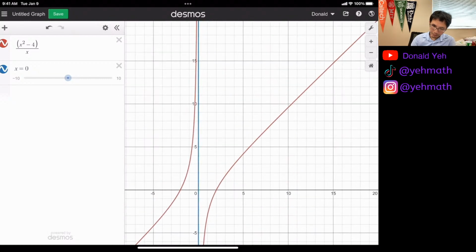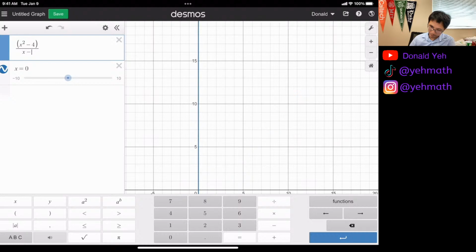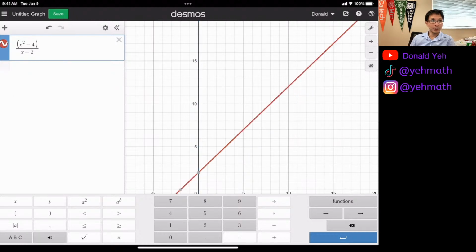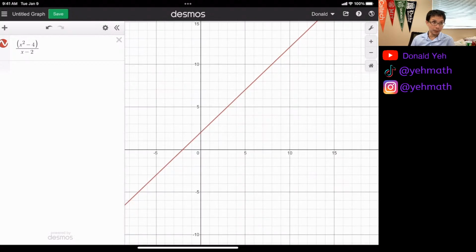But the problem is the question is not like that. It's minus 2, so it becomes no asymptote. It becomes one straight line. This is no ordinary line. If you pay attention, there is some problem in this line, and you have to pay close attention to it. If you look at this graph, let me know if you see anything special.